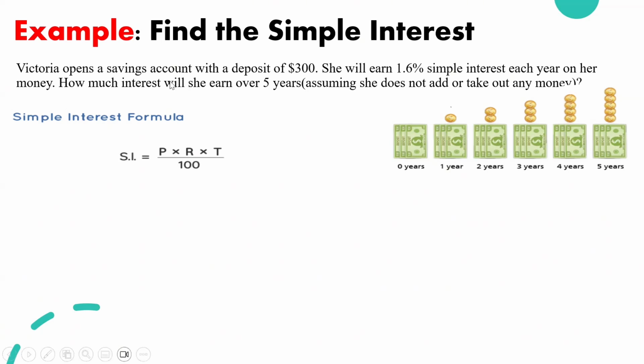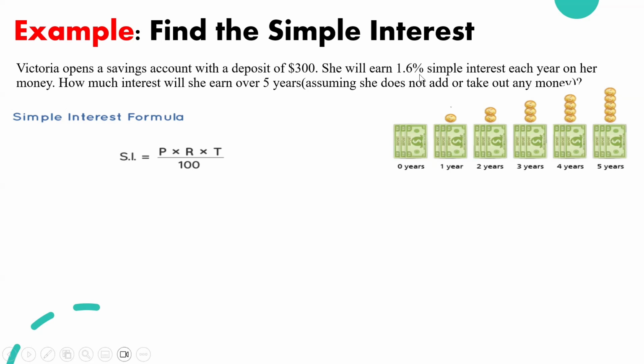What this is saying is that Victoria opened an account. She deposited $300 there. But remember, when you deposit money into an account, interest is applied over time. The interest rate is 1.6% each year.